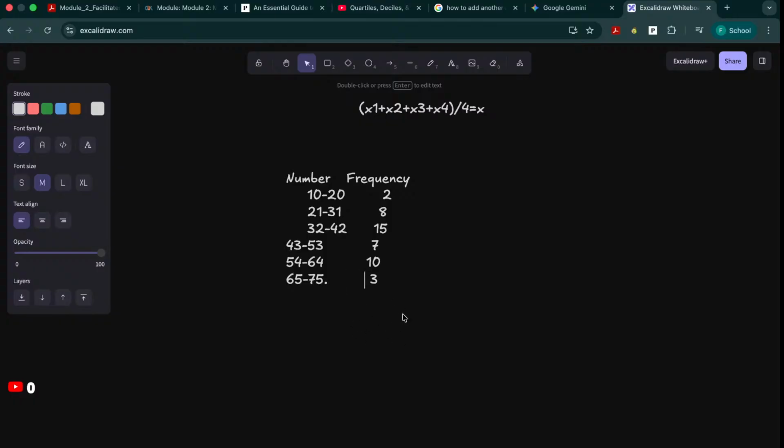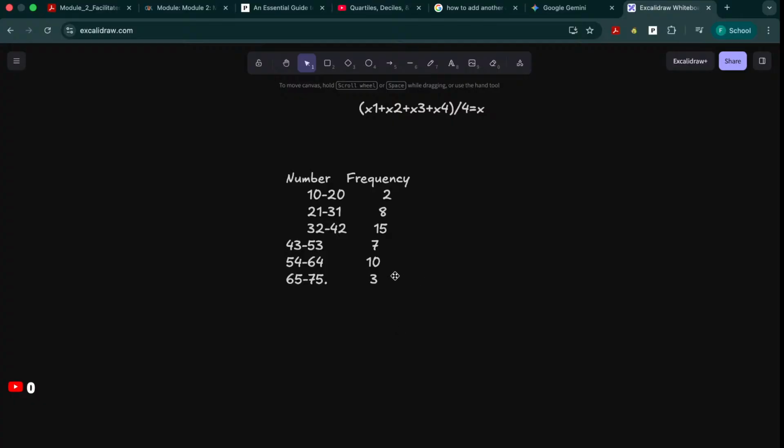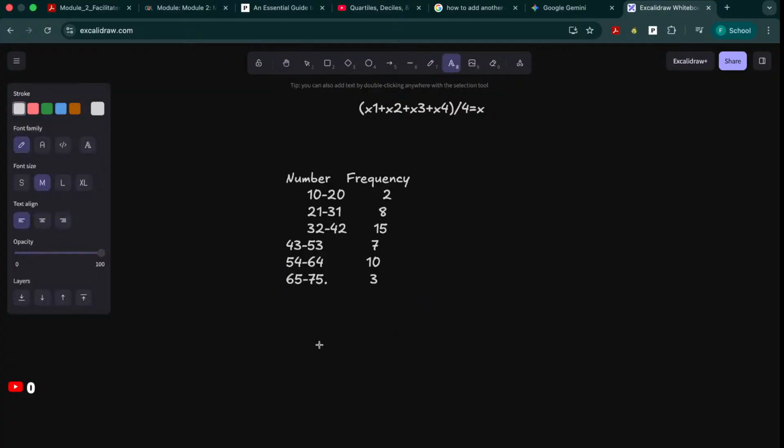So we are told the first thing first. You calculate the mean of grouped data. Do you know how to calculate the mean of grouped data?